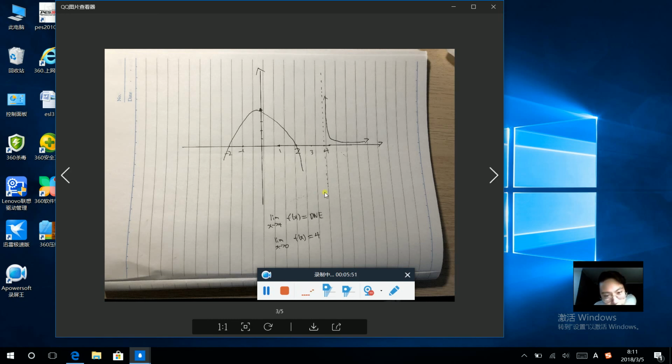Over here, we cannot see any points that are the same as a, by the time x is 4, because there is a vertical asymptote, so there are no identical points between them. In this case, the y value does not exist.